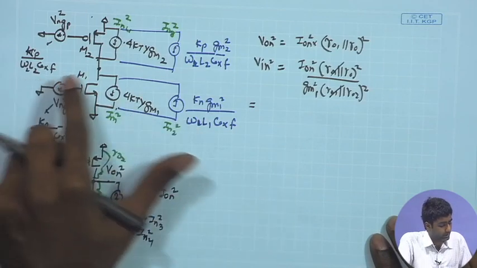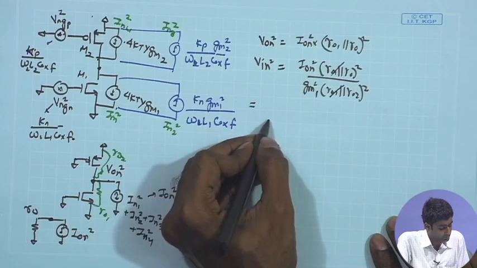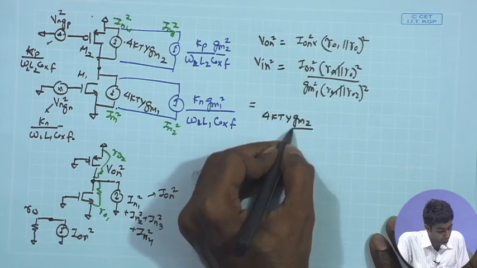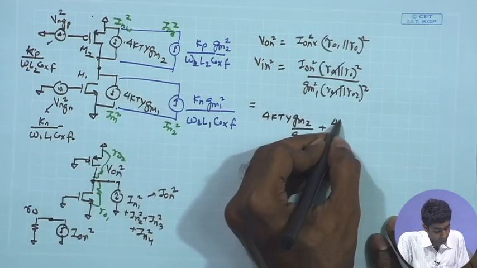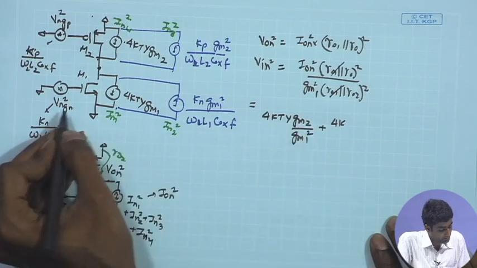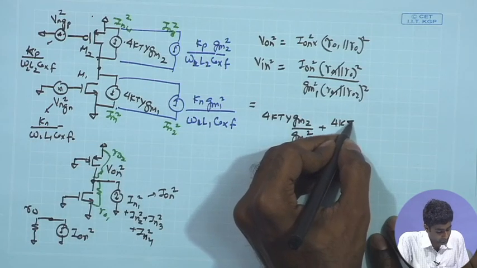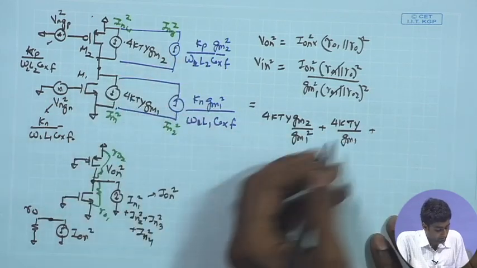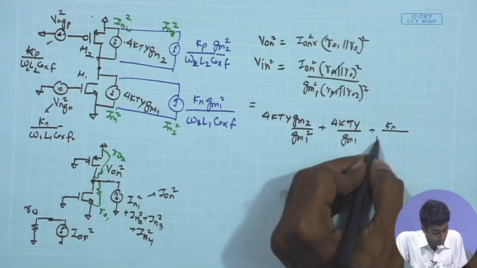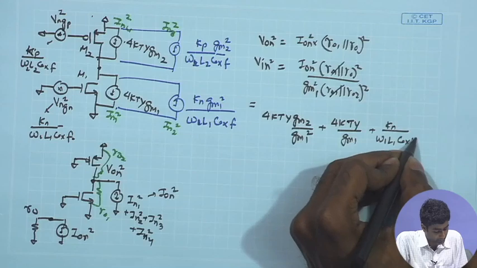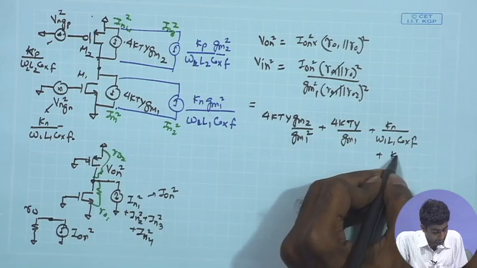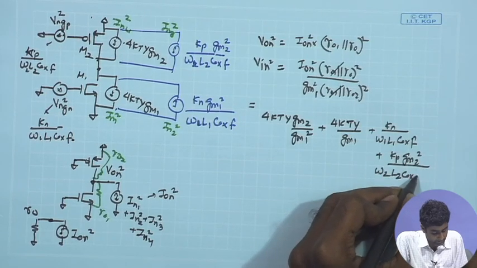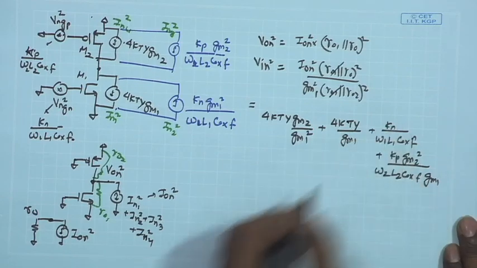So, if you look at the 4 kT term, this is going to give me 4 kT gamma GM2 upon GM1 plus 4 kT gamma upon GM1, and then the other 2 terms, which is basically Kn upon W1 L1 COX f plus Kp GM2 square upon W2 L2 COX f times GM1 square.